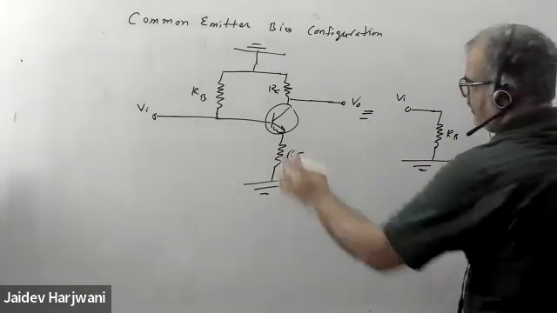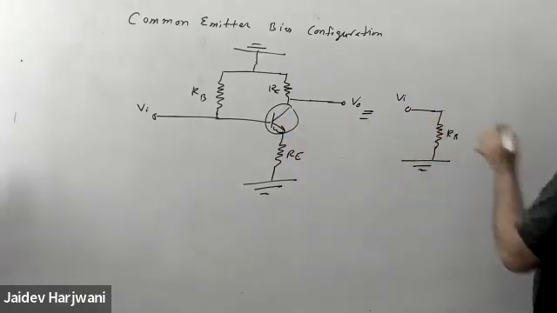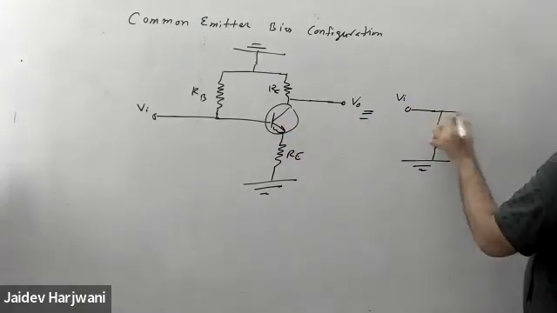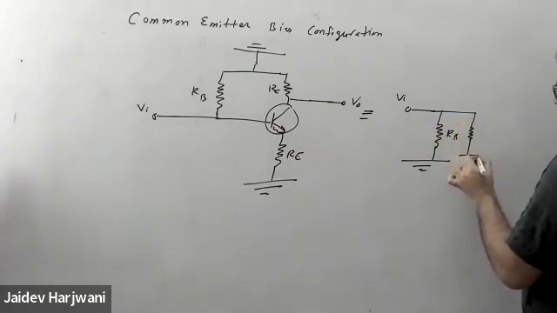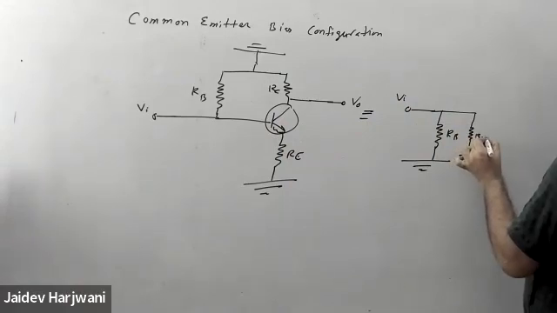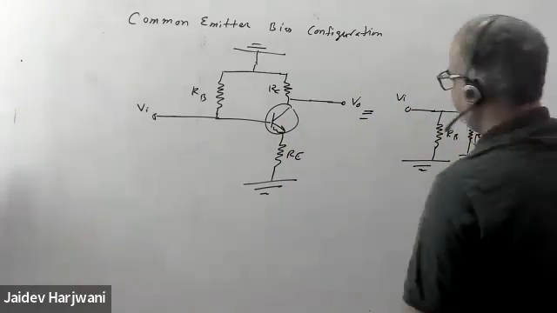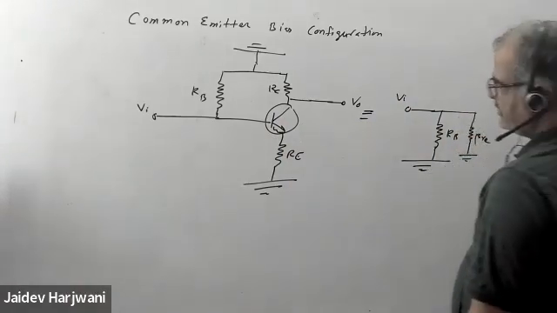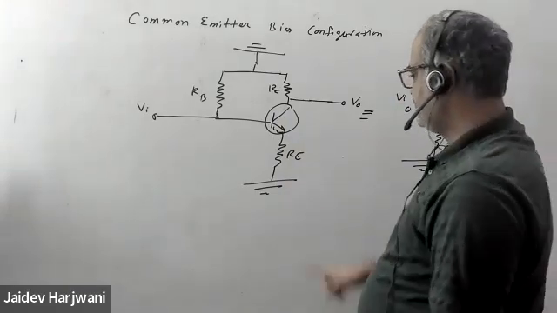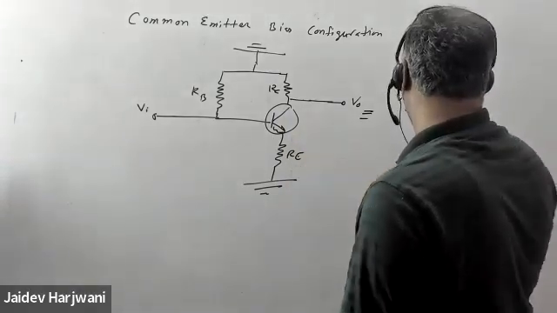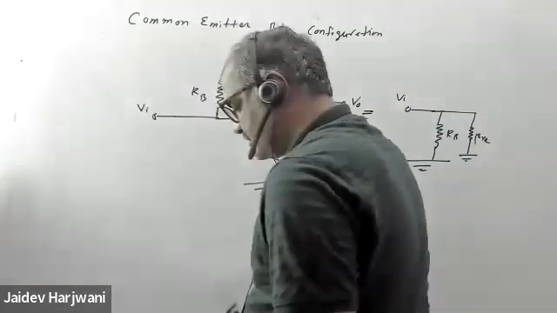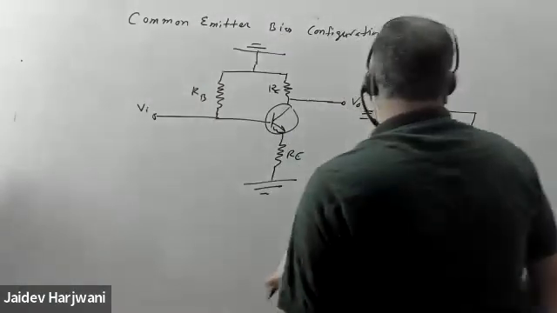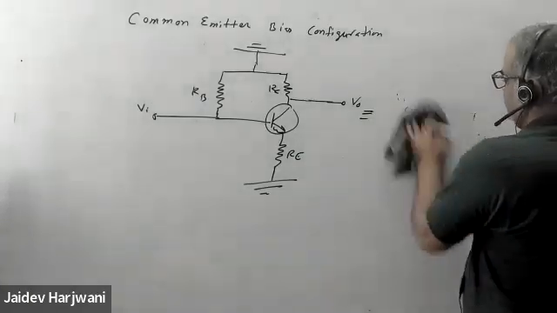Then for the equivalent circuit of the transistor, we have to replace it by a resistance beta RE. Now this time, this resistance is there, so we have to consider that resistance also in this equivalent circuit. So there will be a slight change in your equivalent circuit.